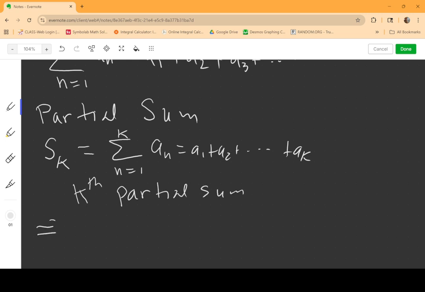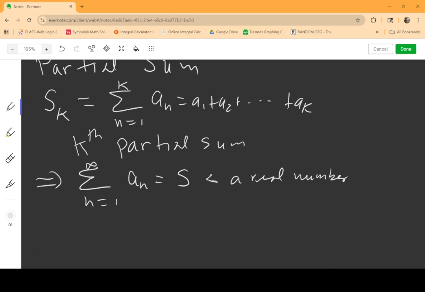Now, if the sum of a sub n is equal to s, where s is a real number, we find that real number by taking the limit as k goes to infinity of s sub k. We define that to be s.